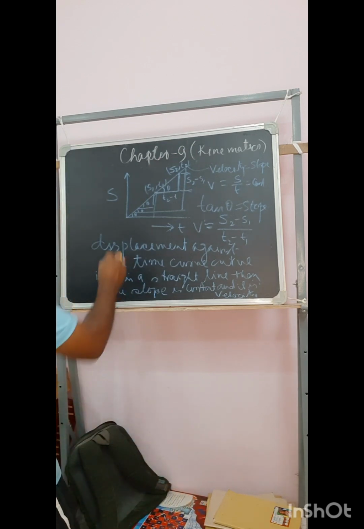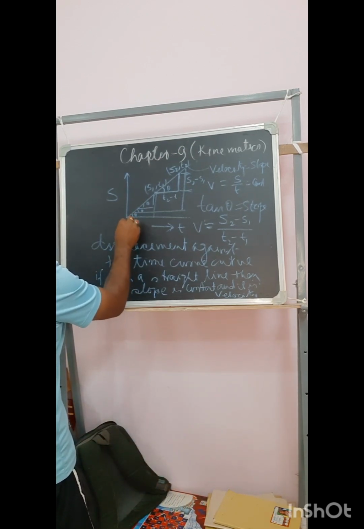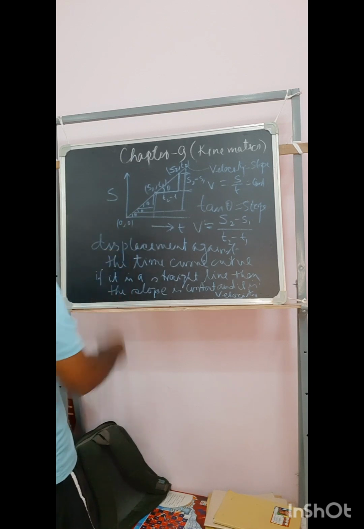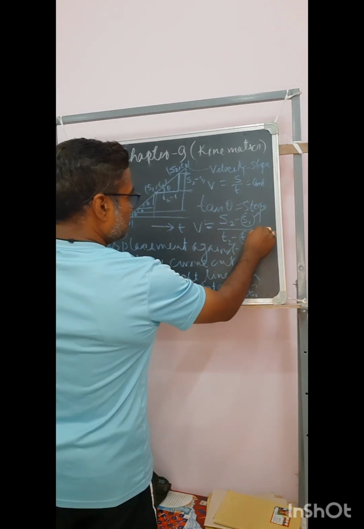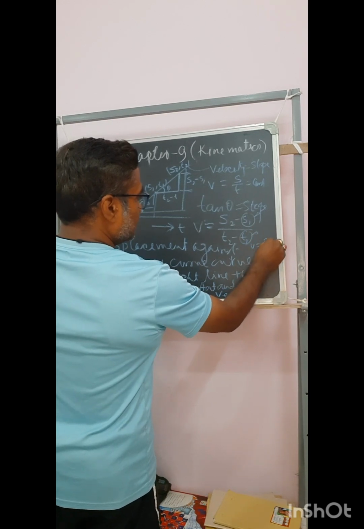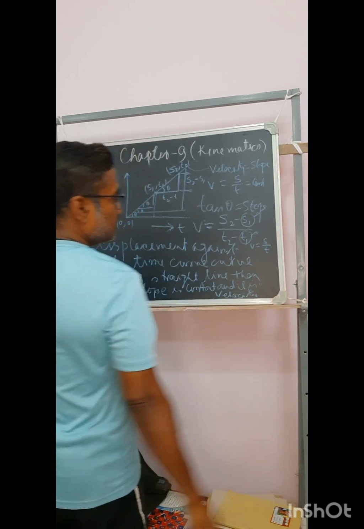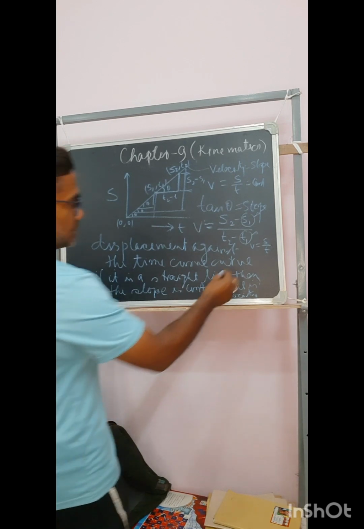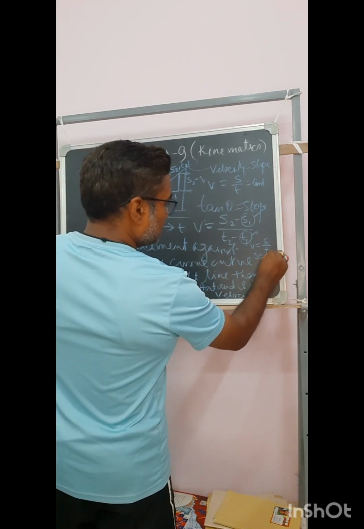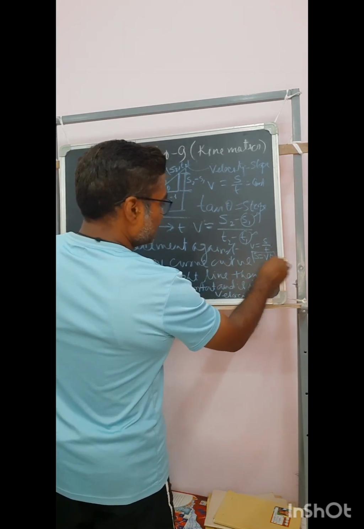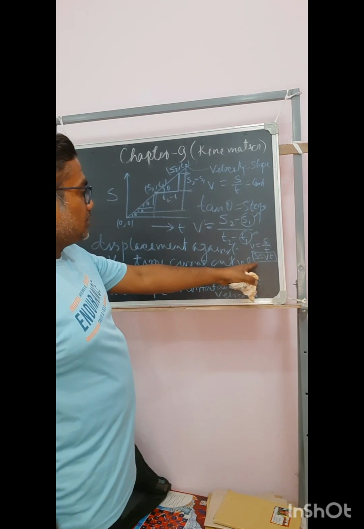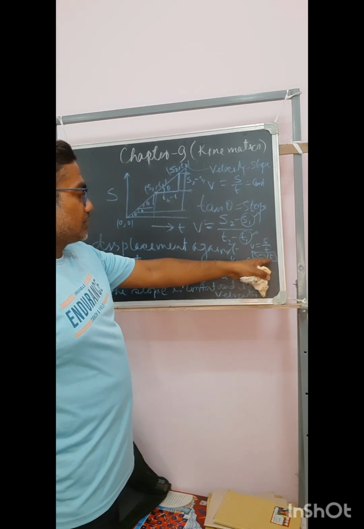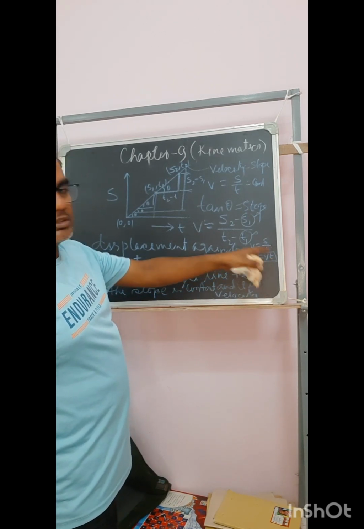So if I consider that at t equal to 0 the displacement is 0, then at any time the relation converts into this form, s is equal to vt. So the curve will give you the total displacement for time t with the constant slope.